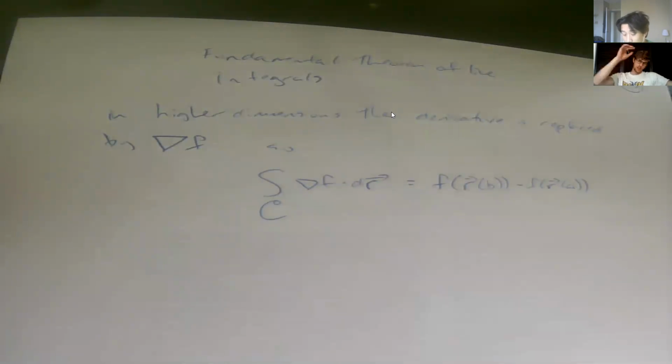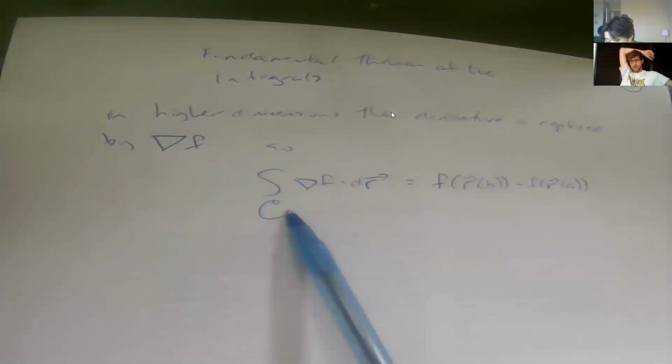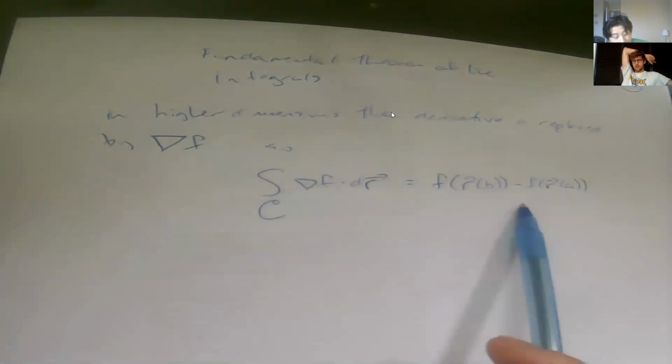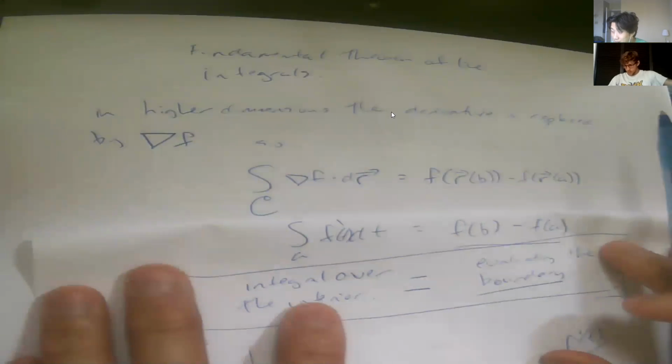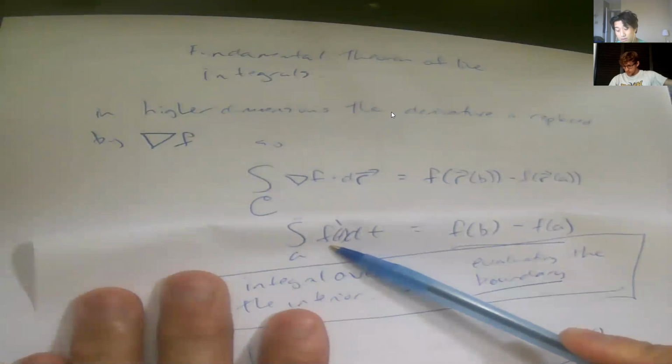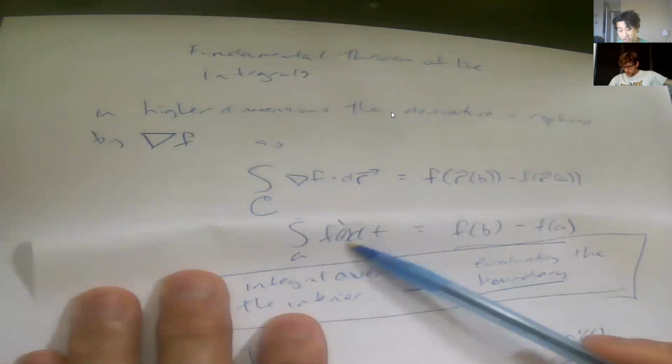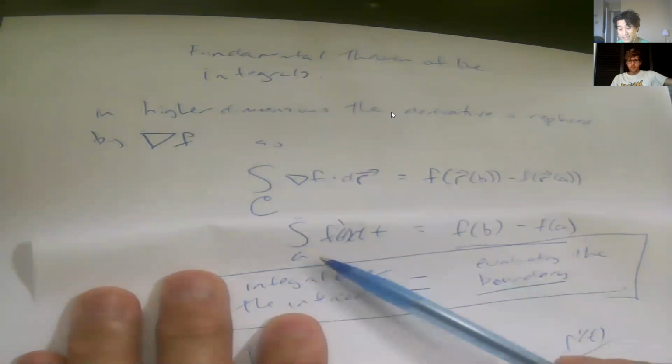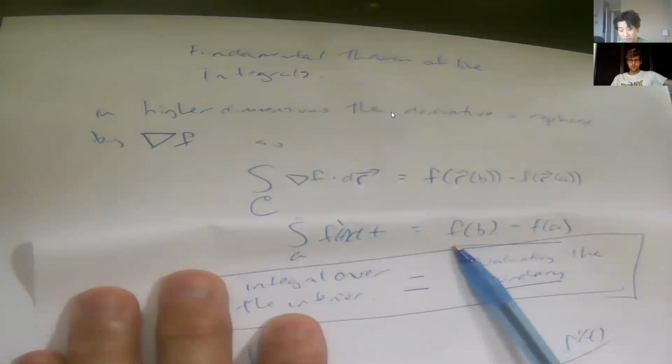But this theorem should look exactly like the fundamental theorem, because it is exactly like the fundamental theorem. I take the integral of the derivative over the whole region. It's equal to the antiderivative on the boundary.